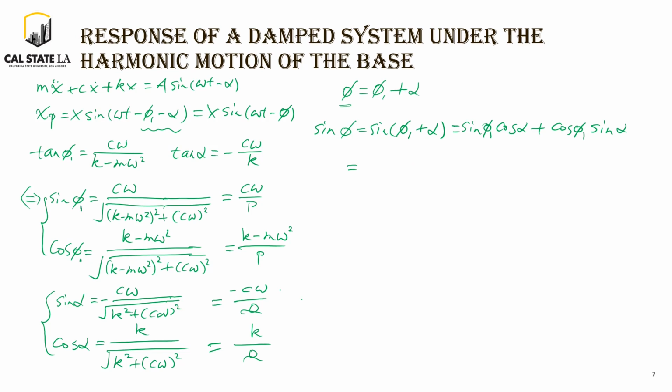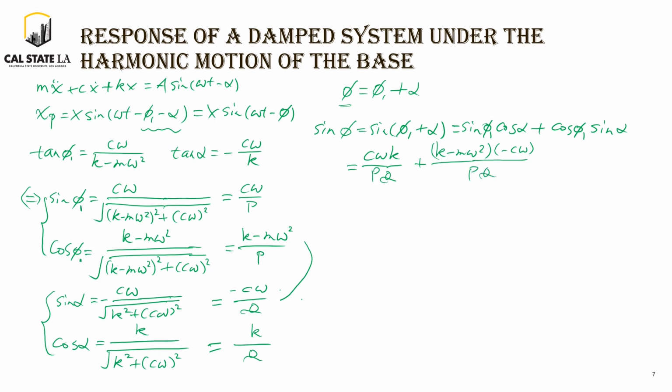Sine phi 1 times cosine alpha will be equal to c omega times k divided by pq. And cosine phi 1 times sine alpha will give us the multiplication of these two, so that will be k minus m omega squared times minus c omega, divided by pq.